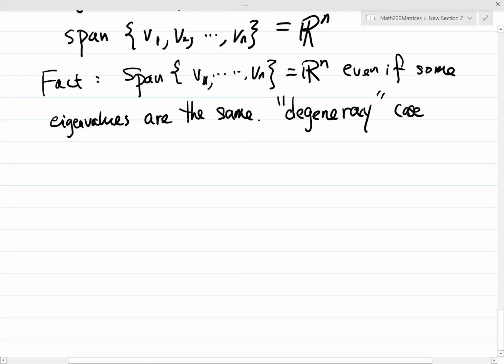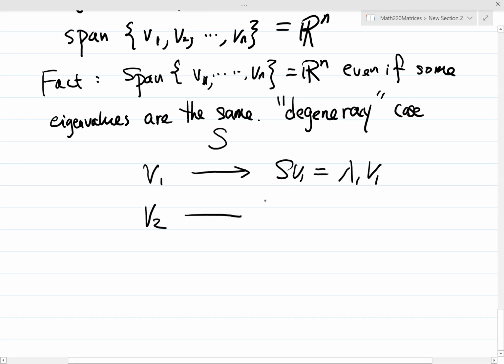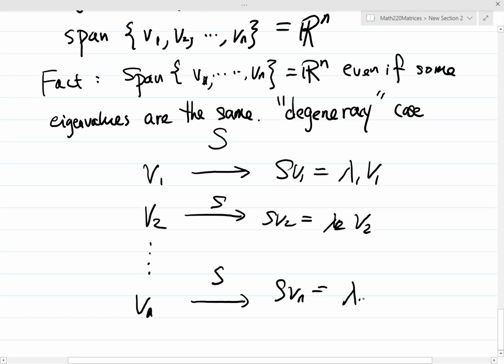Now remember what S does. If we plug in v1, we may view S as a projection matrix. We apply S to v1, then we get S v1, which is lambda 1 v1. For v2, it is lambda 2 v2. For vn, applying S gives S vn, which is lambda n vn.